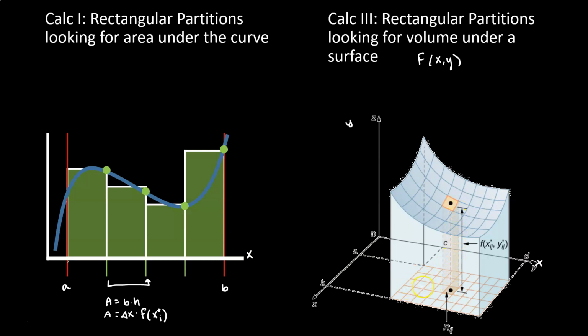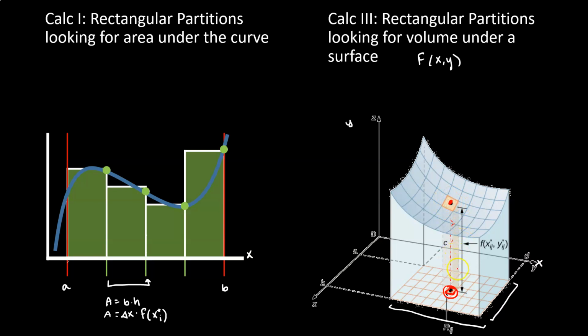Let's take a look at the image I have here. We have the XY plane partitioned, just like I had shown you in the previous image. We picked a center point for one of those little squares in the domain, plugged it into our function, and found where that lives on the surface.